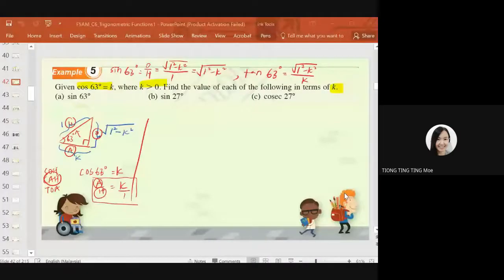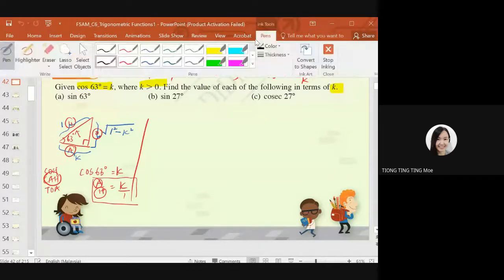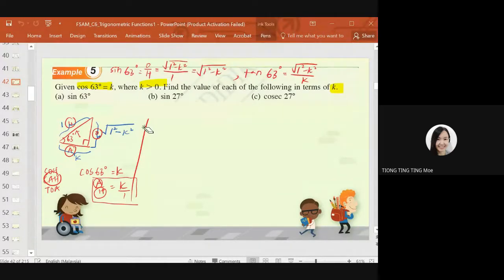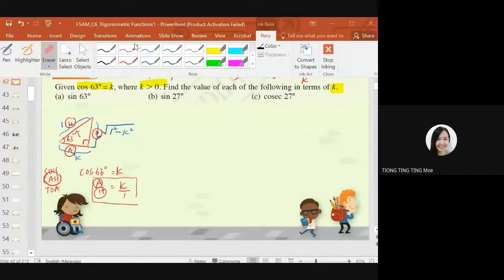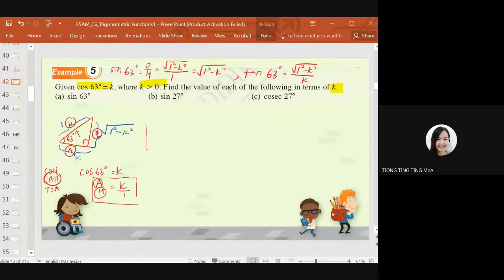Can you see the screen now? Sorry, let's continue.